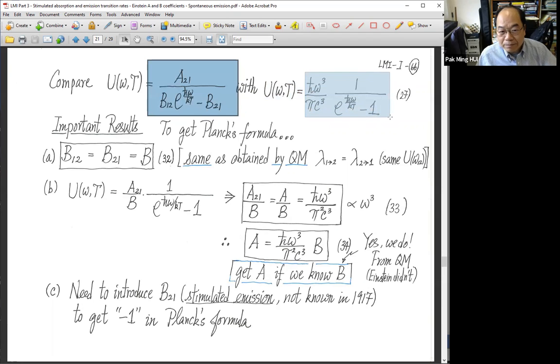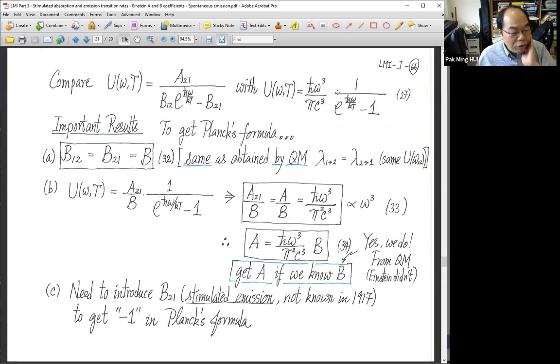What do we need? So in order to get Planck's formula, the Einstein coefficients obey some relationship. First of all, we need B12 equals B21. Once you have this, you can factorize the B12 out and you get this denominator.